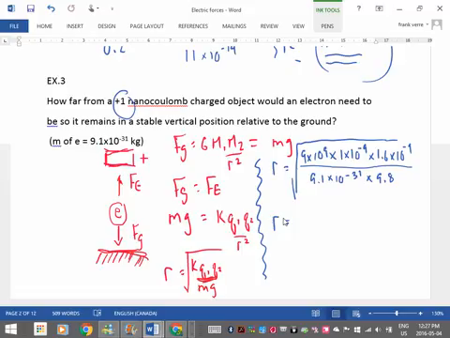Then we have 9 times 1.6 times 10 to the negative 19 over 9.1 times 10 to the negative 31. So we can cancel the 9s.